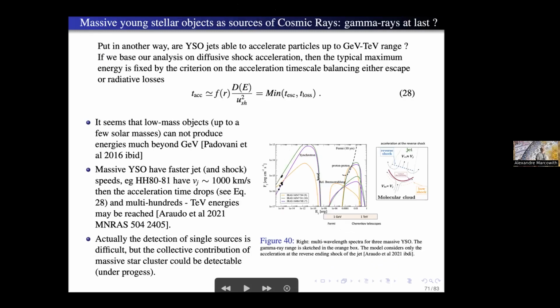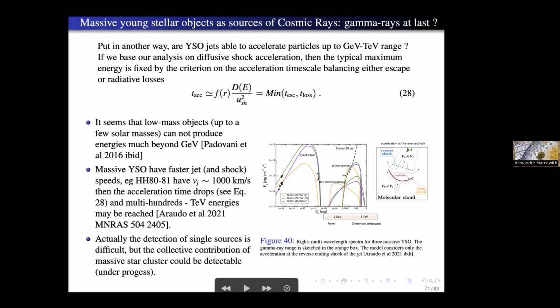It is also interesting at higher energy because massive young stellar objects also have jets. And what is interesting in these objects is that the jet speed is larger. It can get up to 1,000 kilometers per second for HH 80-81. And if you increase the shock speed here, you will decrease the acceleration time scale for the particle.